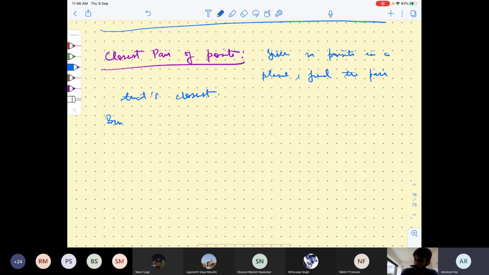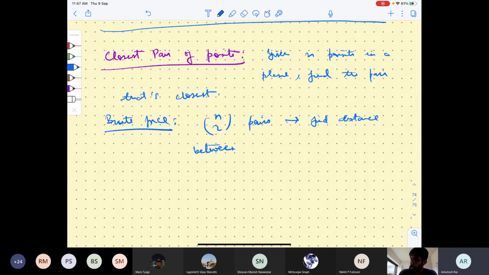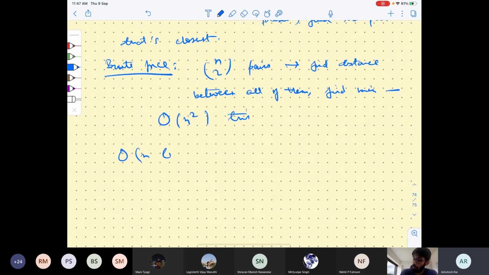What is the brute force? Choose two points, there are n choose 2 pairs. Find the distance between all of them, find the minimum, put them in a list if you want, or just keep the minimum as you go. That takes order n square time. But like the previous problem, we want to do it in order n log n time.